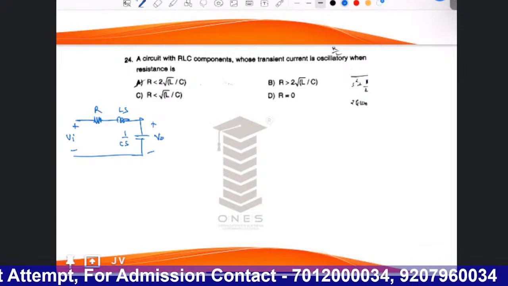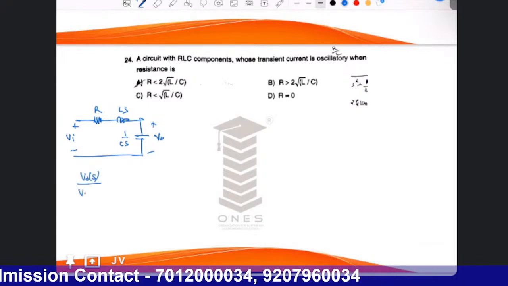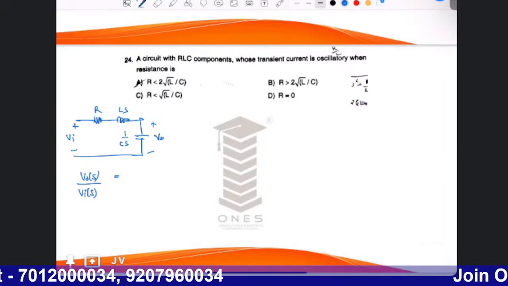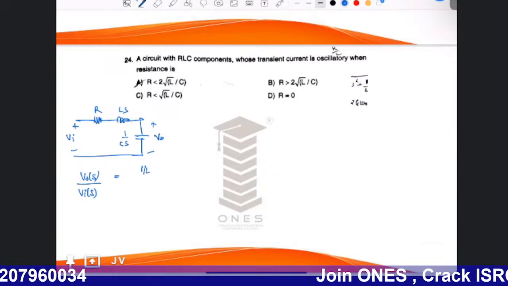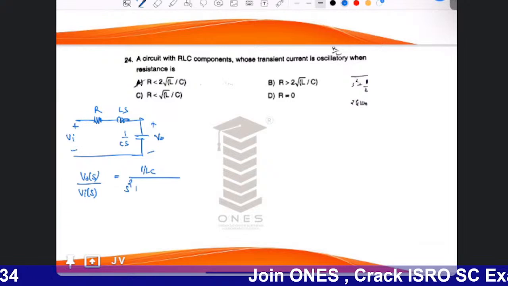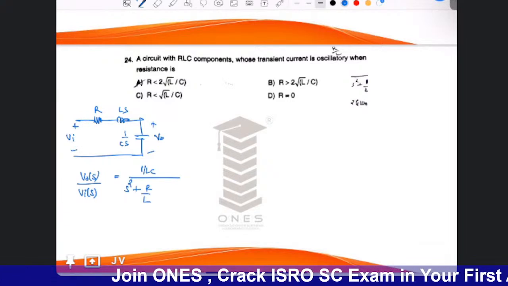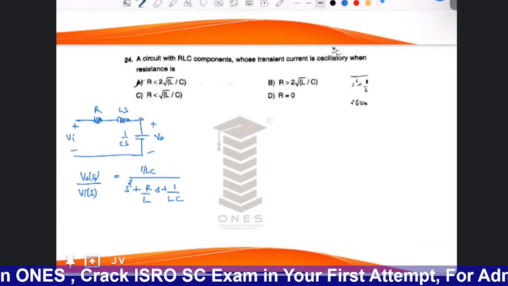Okay, so if you write the transfer function, V naught S by Vi S, what you will get is 1 by LC by S square plus R by LS plus 1 by LC. Okay, this is the equation which you will get.